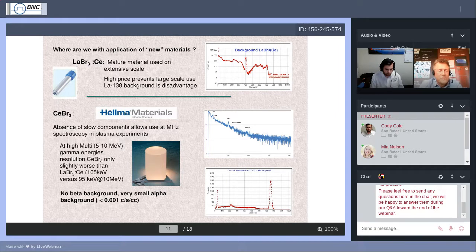You see in the middle the background spectrum, and all those peaks you see there are caused by either 511s, a little potassium-40 from the photomultiplier tube, and there is some little radium also from the surroundings and the housing material. Bottom right, you see a very nice energy spectrum. Cerium bromide these days offers us resolutions slightly below 4%.